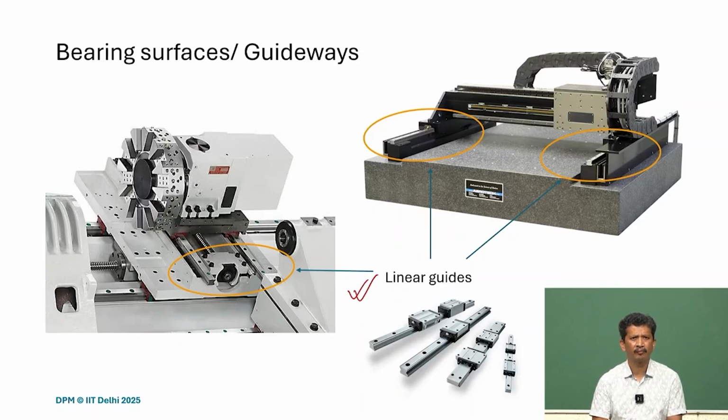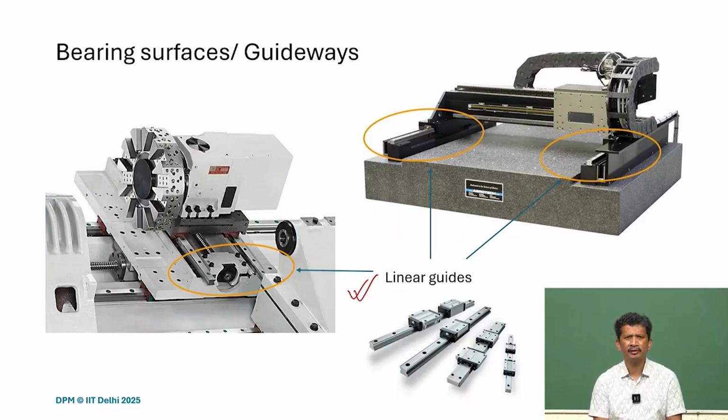Of course, there is a sliding motion, but if you look closely at the construction, there are recirculating balls inside, just like ball bearings embedded inside the linear guides. So we can get a very good speed.